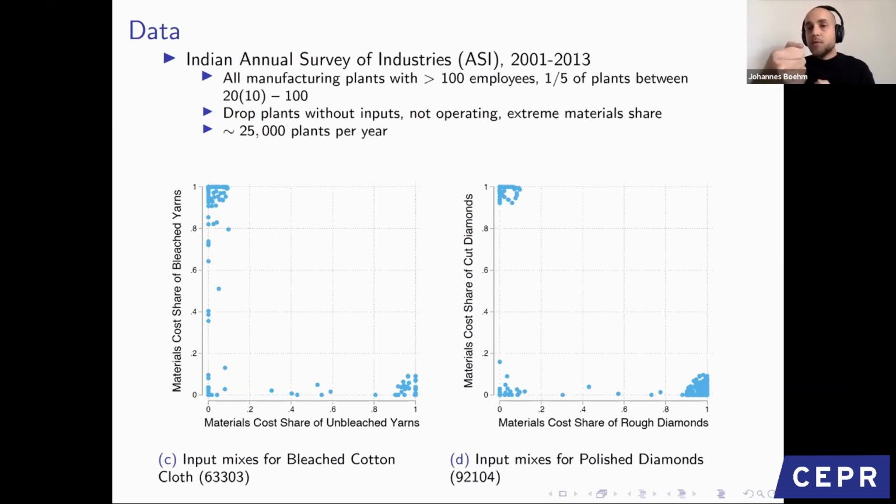Do you do both steps, or do you only do one step, the final step within the plant? So all this data is data on manufacturing plants. So not necessarily in manufacturing firms, but you see similar patterns if you restrict this to single plant firms.